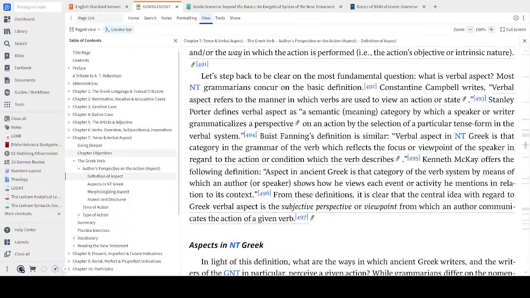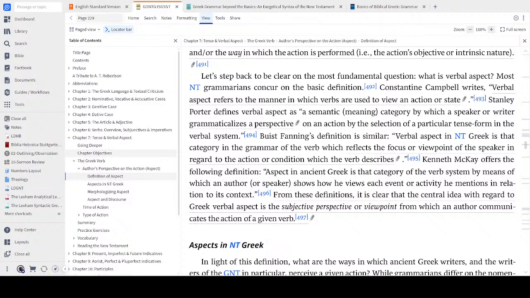But keep in mind that non-indicative verbs are primarily concerned with aspect. That is how an action occurs, not as much when.